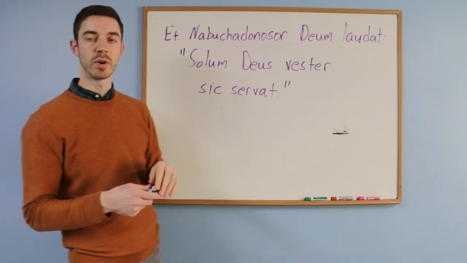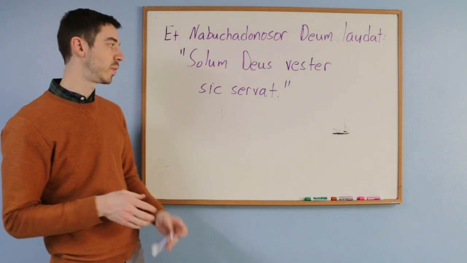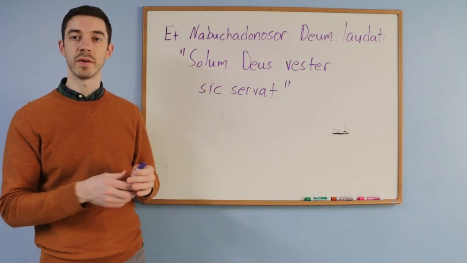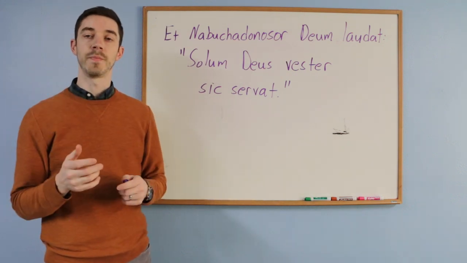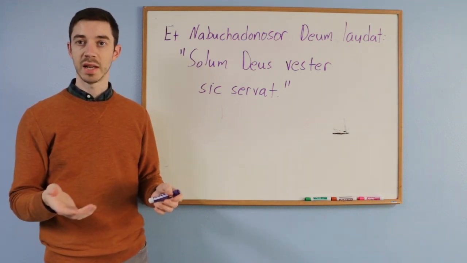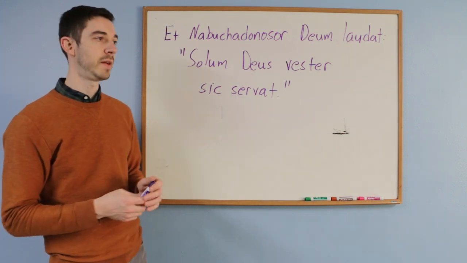Sic is a special word. I think I might have to put that in the phrase of the week here soon. Sic means thus. A famous phrase that a lot of Americans know that has sic in it is when Abraham Lincoln, the president, was assassinated. A man shot him because he thought he was being a bad president.